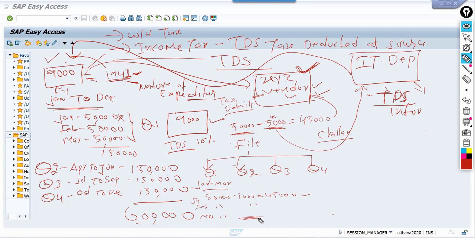Total tax collected for these 3 months is 15,000. On a monthly basis, we are depositing this amount to the income tax department. Then file the return for 3 months. Why are we filing the returns here? This is also an obligation from the income tax department, not only deducting. You deduct and file the return. Both are mandatory.